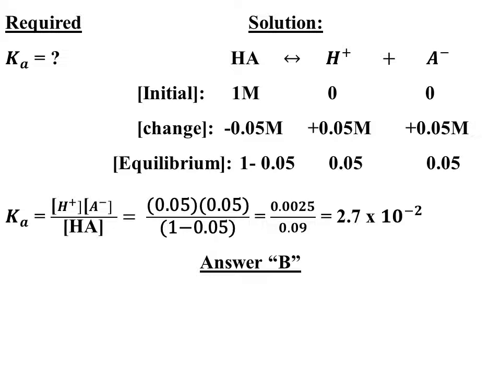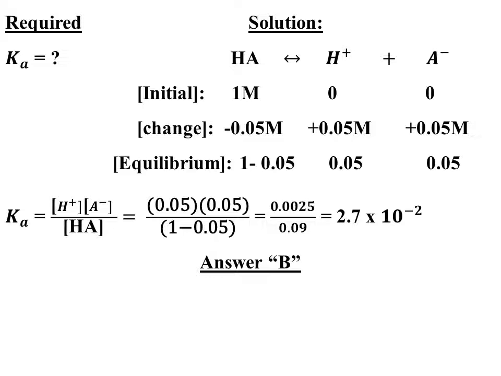Change in concentration, which means the amount of the weak acid HA ionized into H+ and A-, equals 0.05 molar. It dissociates to give 0.05 molar H+ and 0.05 molar A-.